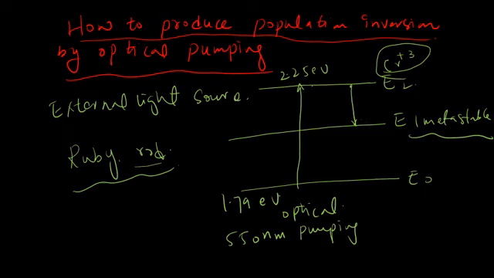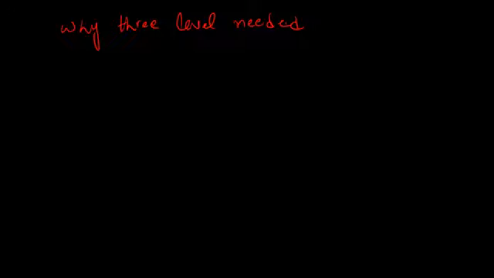Now I will discuss why three levels are needed. Why are three levels needed? Let's suppose we have only two levels, that is a ground state and a metastable state E1.